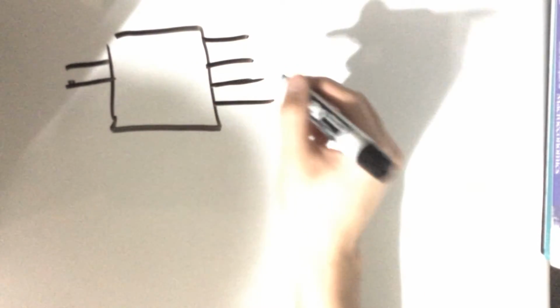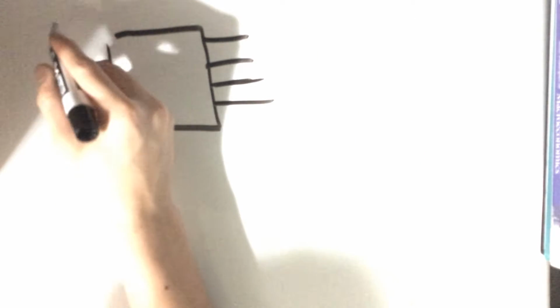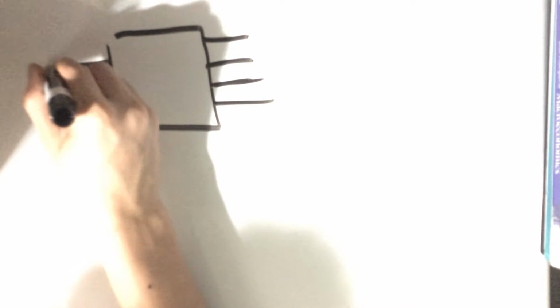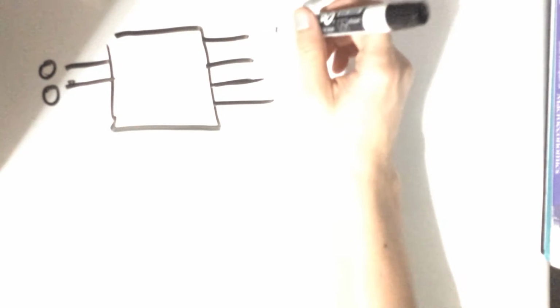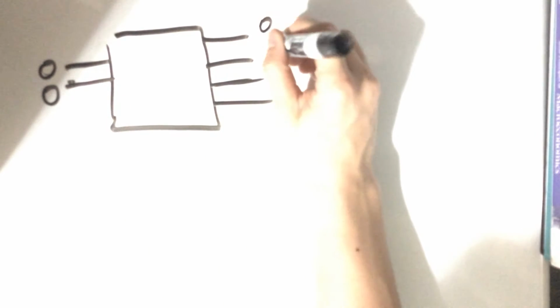If we had a 2 input 4 output decoder, we would translate or return a binary input into its decimal notation.